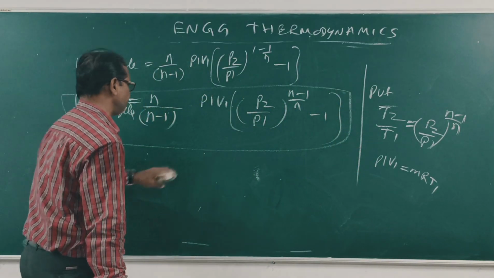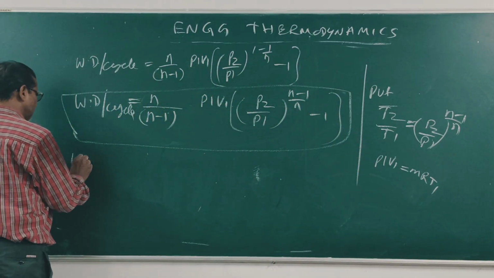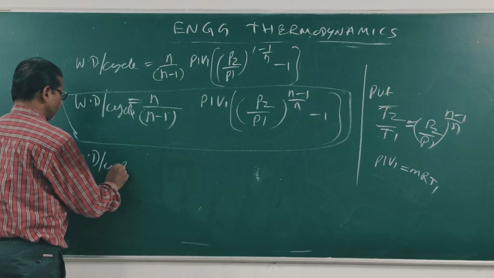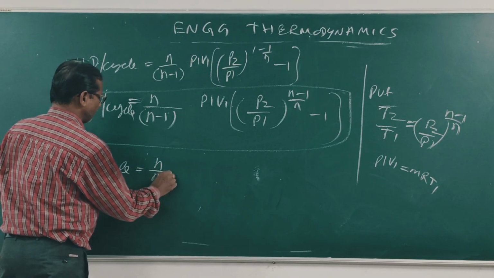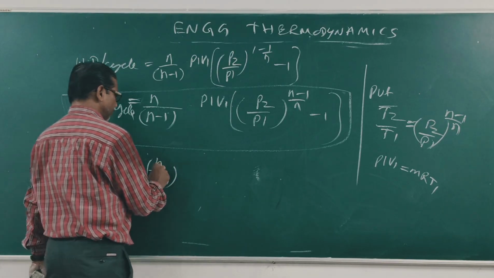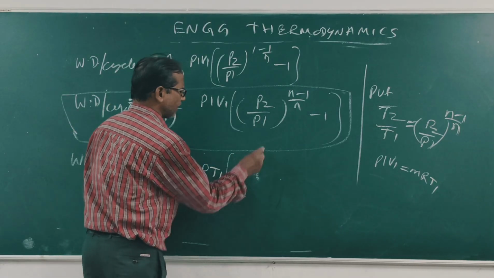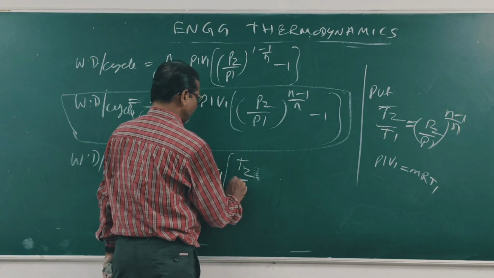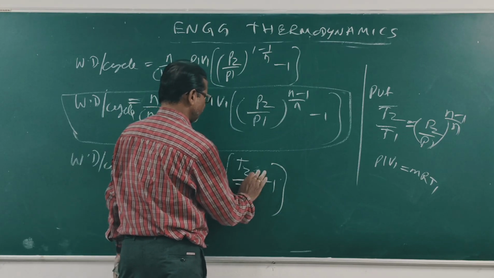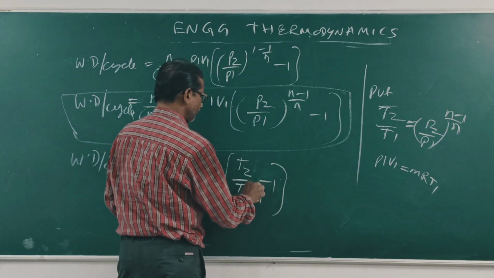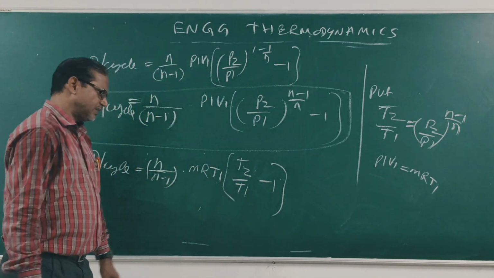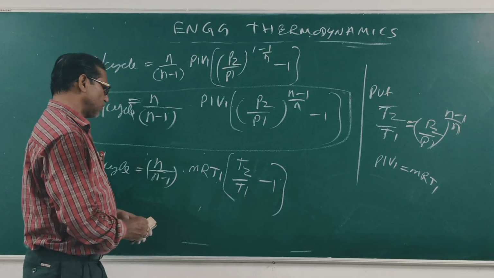Putting this value here, work done per cycle is equal to n by n minus 1 into P1 V1, m R T1 into T2 by T1 minus 1. Right? Take LCM T1.